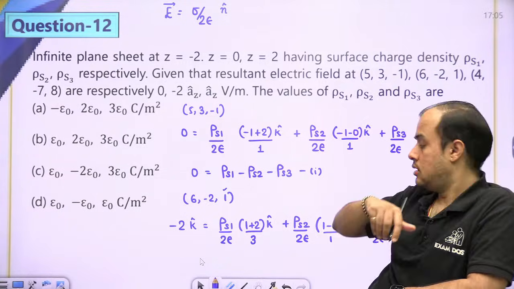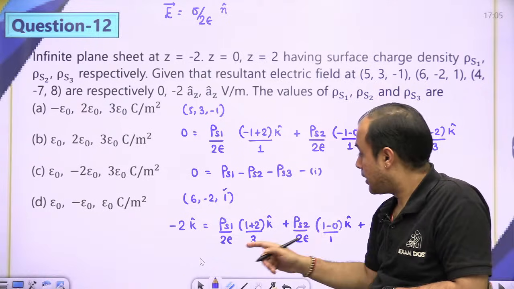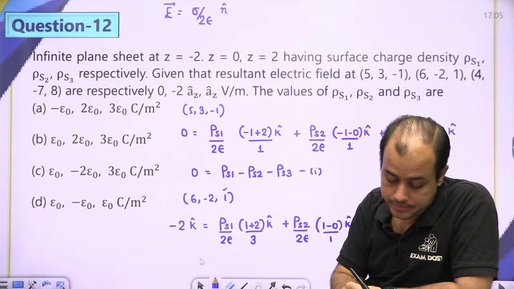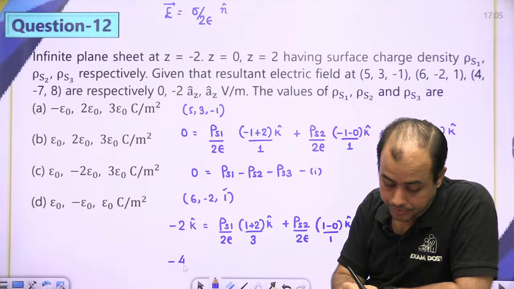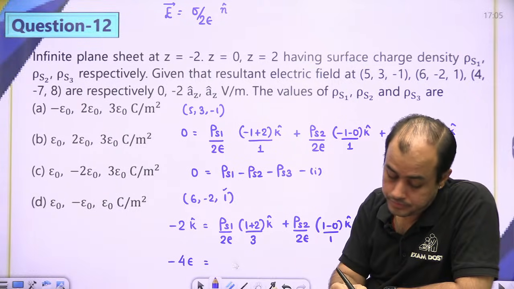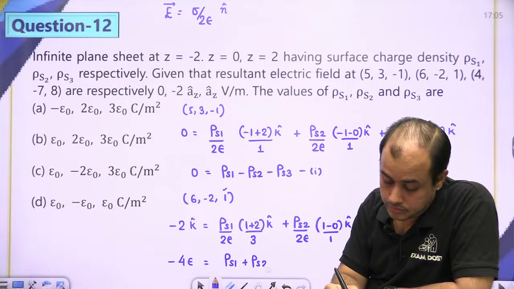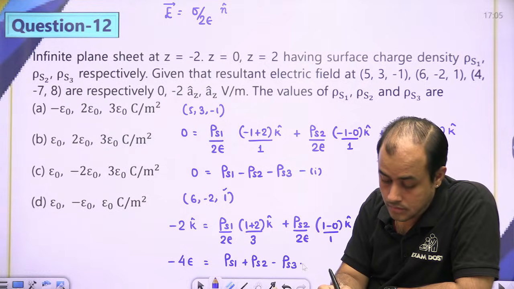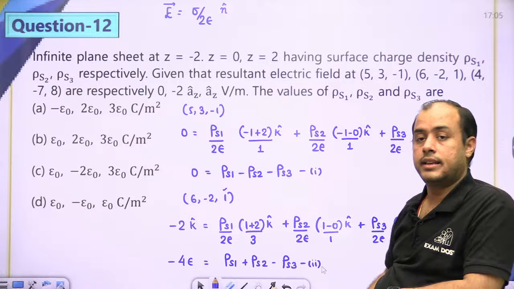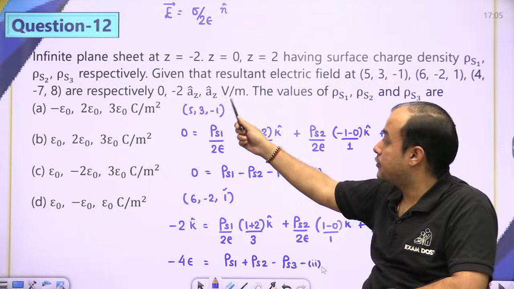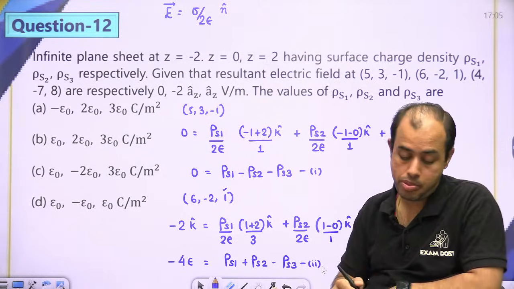Okay. So take 2 epsilon here. This is second. So that way you can form a third equation, beta.